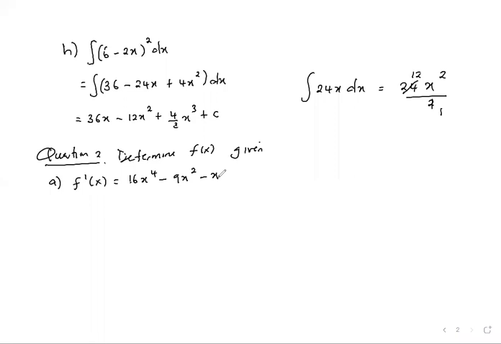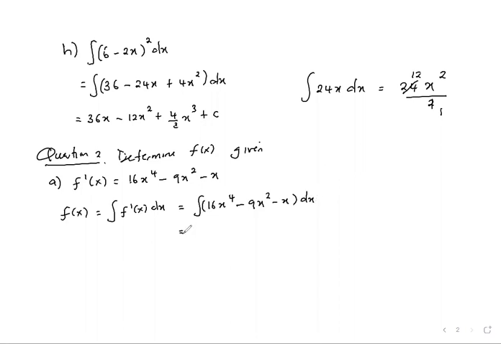So for us to find f, if we're given the derivative, we integrate. So f of x is going to be the integral of f prime of x dx. That is the integral of 16x^4 minus 9x squared minus x dx.